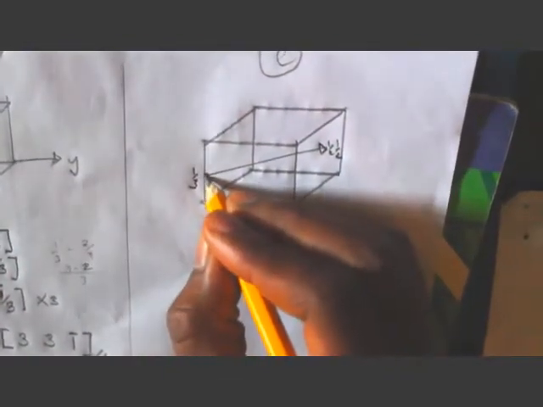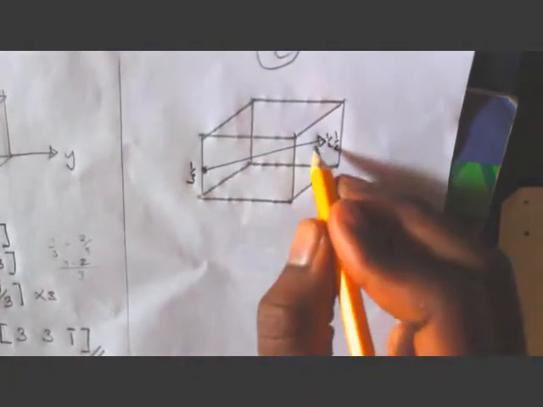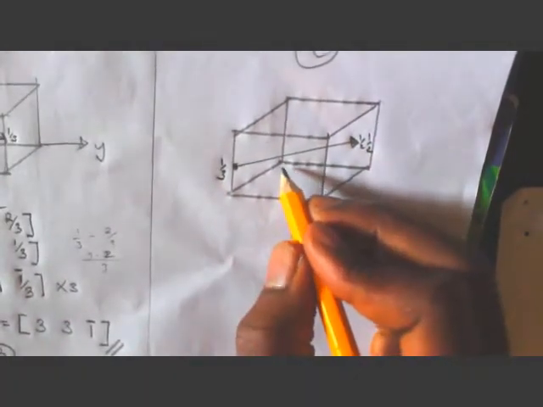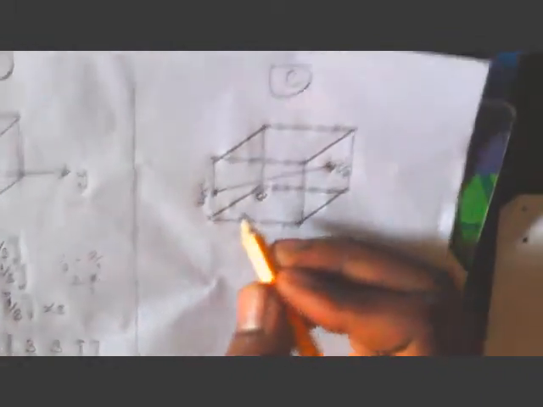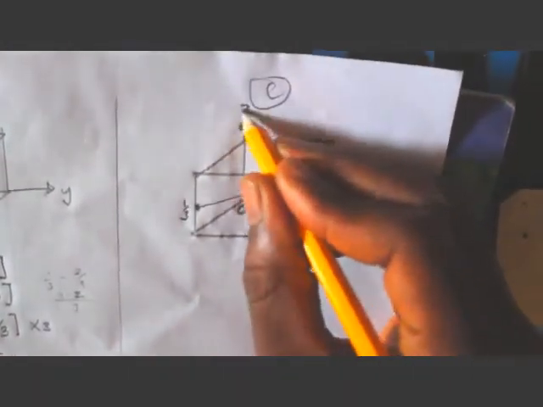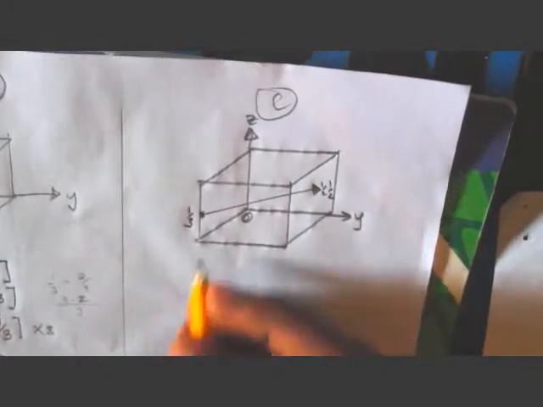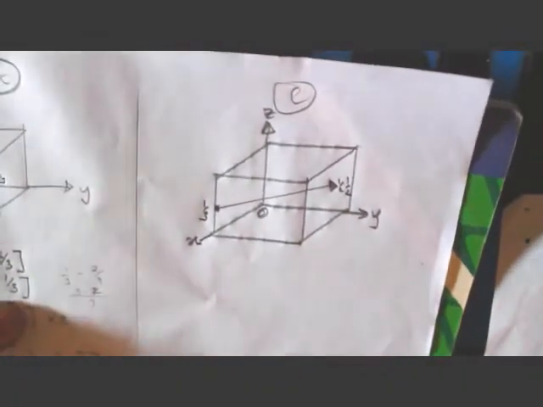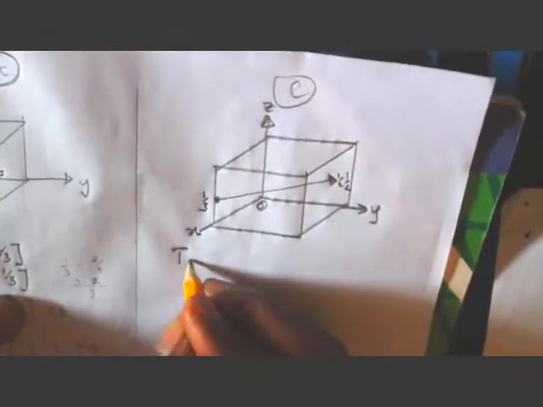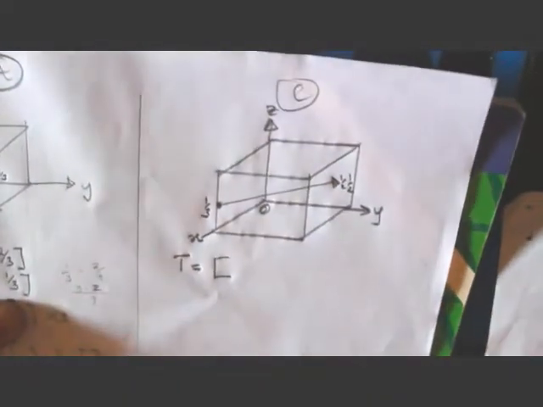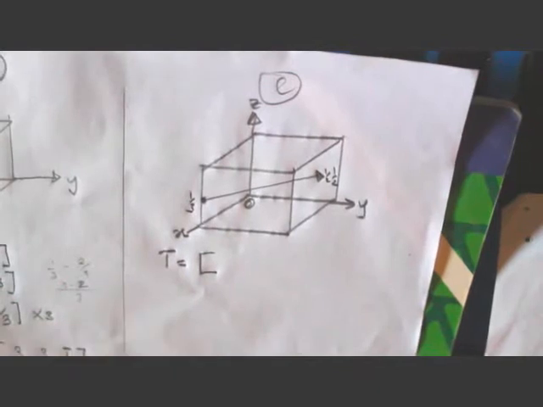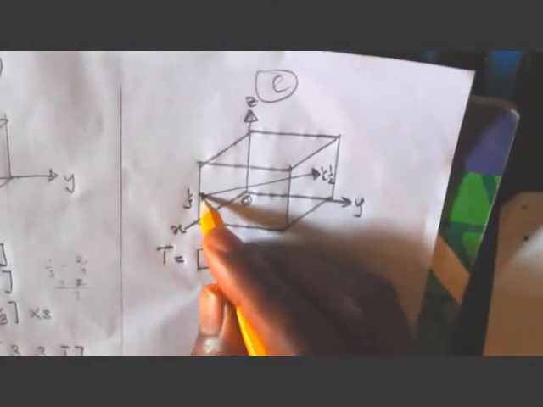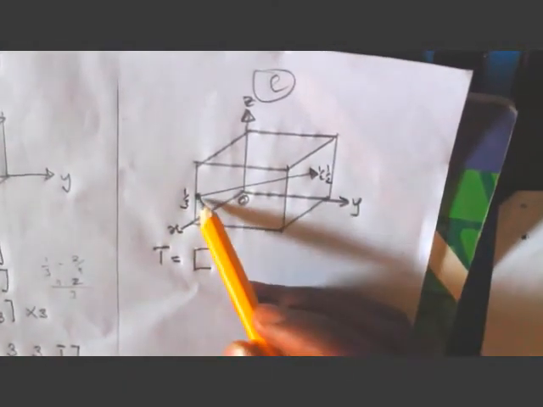From here, this is our tail, and this is our head. As I said, the origin must be here. This is Z, Y, and this is X. So very simple. For the tail, you need to do anything that makes you go to this tail.